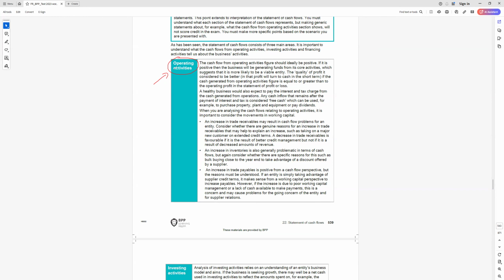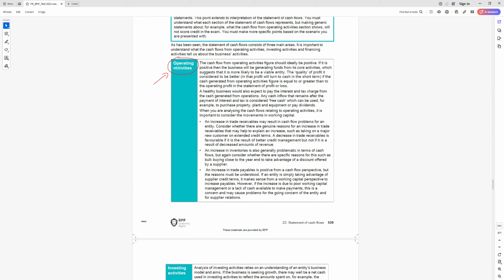So there should not be a huge difference between the profit we show on the profit and loss account and how much cash we have in the bank. So there should be a balancing figure there. It's not going to be a huge difference.